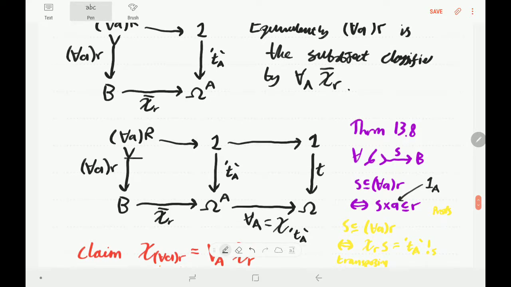So we get that for all AR is the pullback of T over for all A along the transpose of the classifying arrow of R. And conversely, if we say for all AR is defined to be the pullback of T along this bottom horizontal arrow, then we get that this left square is a pullback. So either way works.